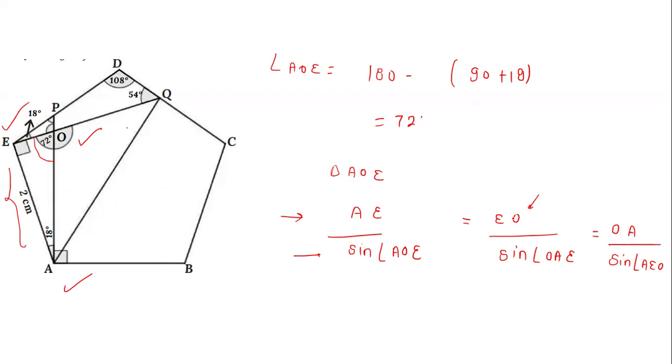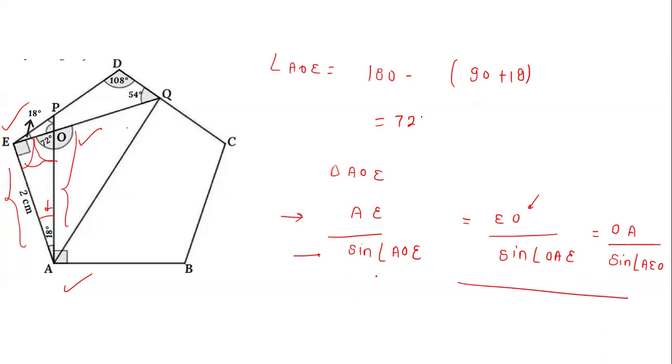And EO divided by the sine of angle OAE. So EO is this and its opposite angle is this, and this OA length has its opposite angle this 90 degrees. So we can write this simply as the sine rule.